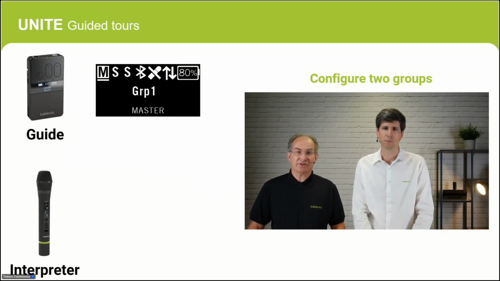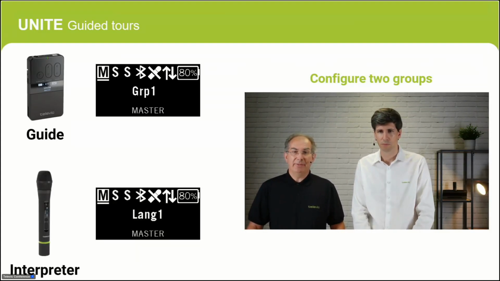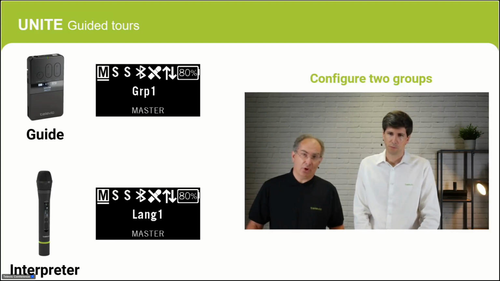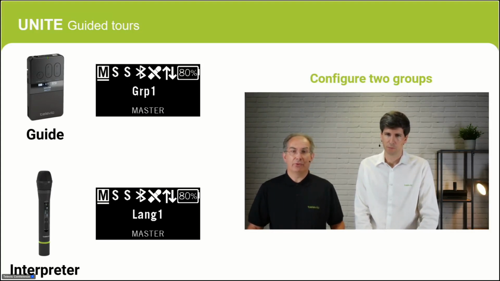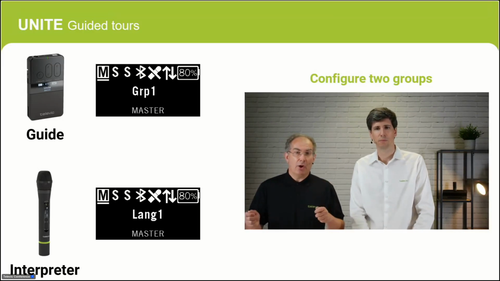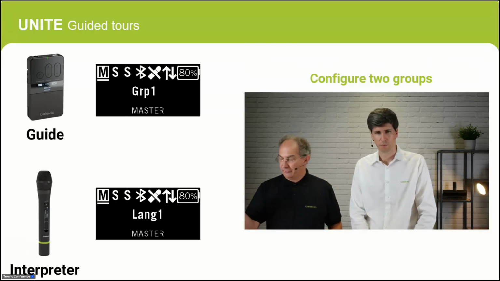For the interpreter's TH, you can rename it to language 1. Now, you use 2 groups at the same time, one for the floor and one for the first language channel. With the receiver, you can scan and choose between 2 language channels. In fact, you switch from one group to another.